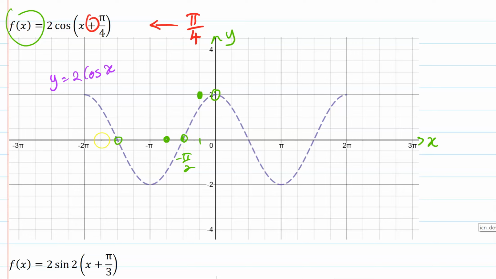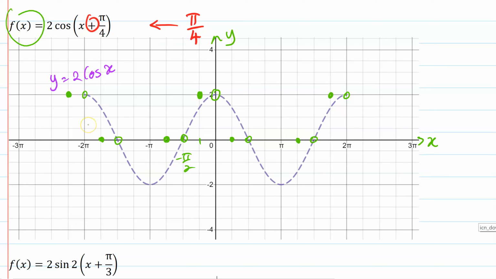Point there moves here, and then of course point here should move to the value there. So that will be negative 9 pi on 4, or rather negative 2 pi minus pi on 4. Right, and also this one by pi on 4, this one by pi on 4, this one also by pi on 4. Okay, right, let's get the graph.